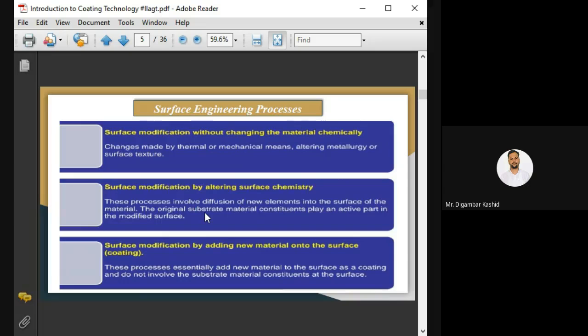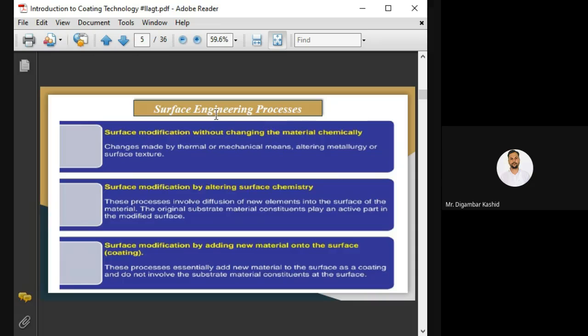So here I mentioned that new material is required, and we have to add it onto your surface, and that will act as a coating. For this group of processes, the substrate material does not constitute the surface. This condition is not applicable here. So these are the three main groups of your surface engineering processes.